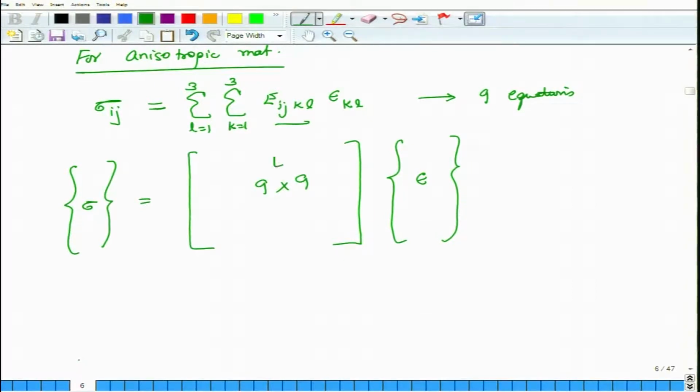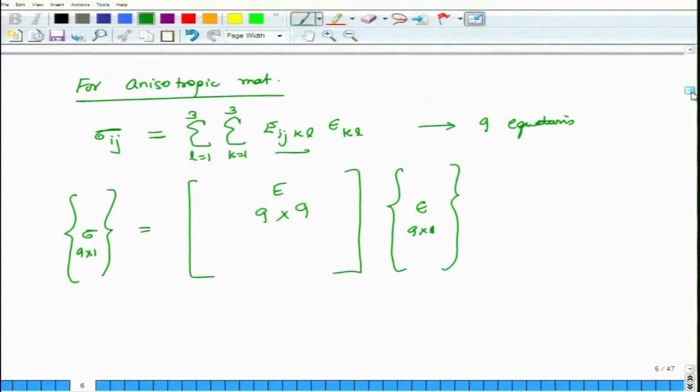So, this is 9 by 1, this is 9 by 1. So, this is the generalized tensor relationship for a fully anisotropic material.